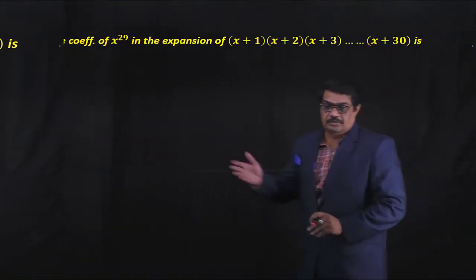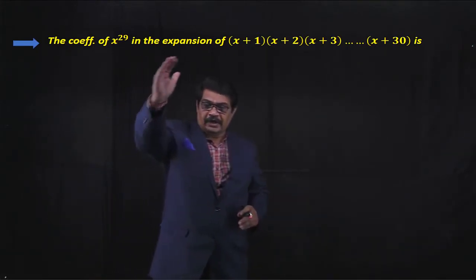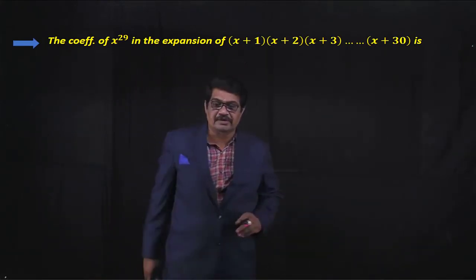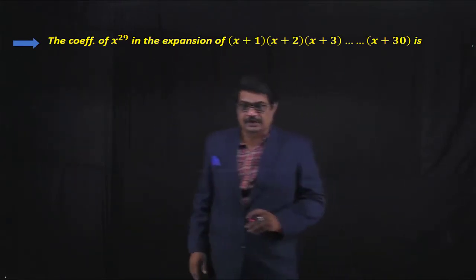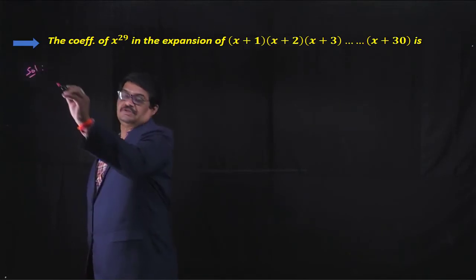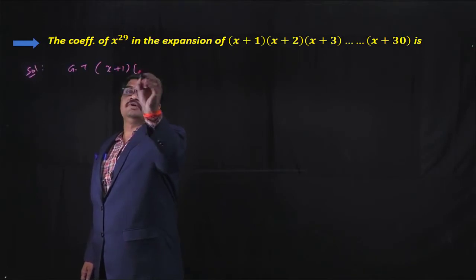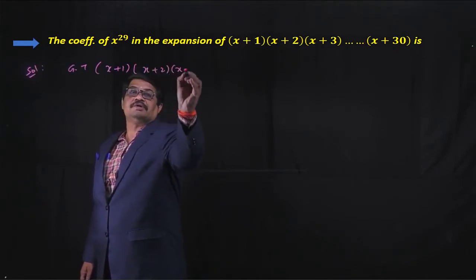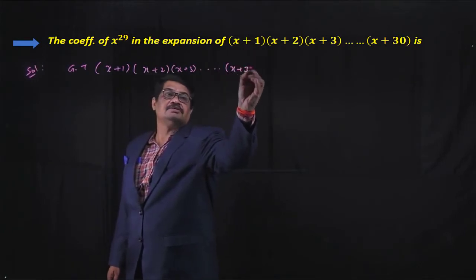See the problem. The coefficient of x to the power of 29 in the expansion of (x plus 1)(x plus 2)(x plus 3) and so on, (x plus 30). Okay, this is the problem. See the solution. What is the given expression here? That is (x plus 1)(x plus 2)(x plus 3) and so on, (x plus 30).